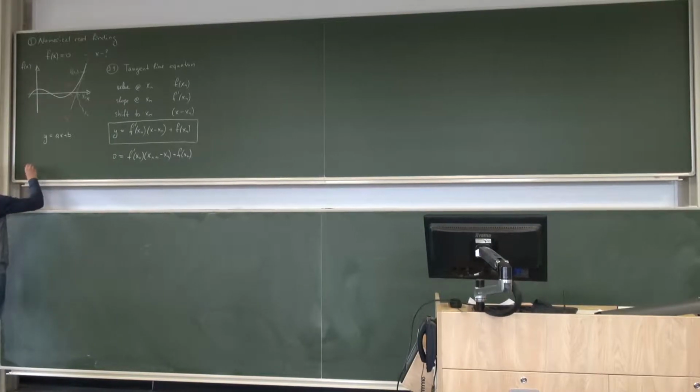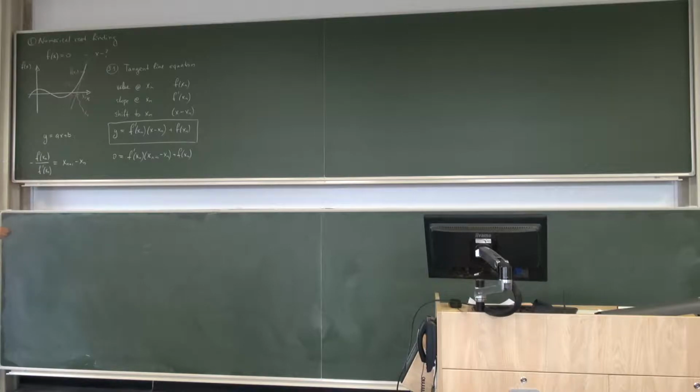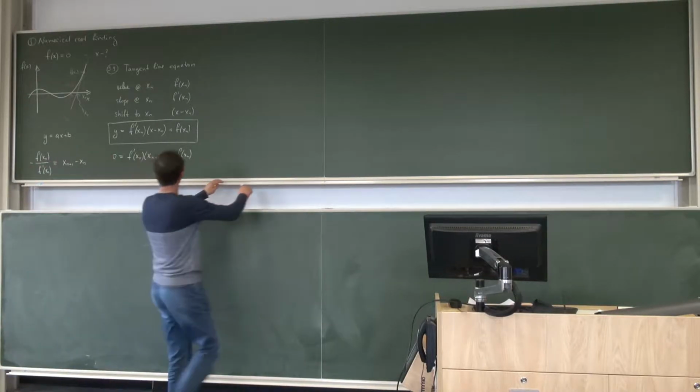So we have f of xn divided by f prime of xn equals xn plus 1 minus xn. Okay, what I'll do is I'll shift this xn over here. It'll get a plus, and then I'll swap the entire equation around.